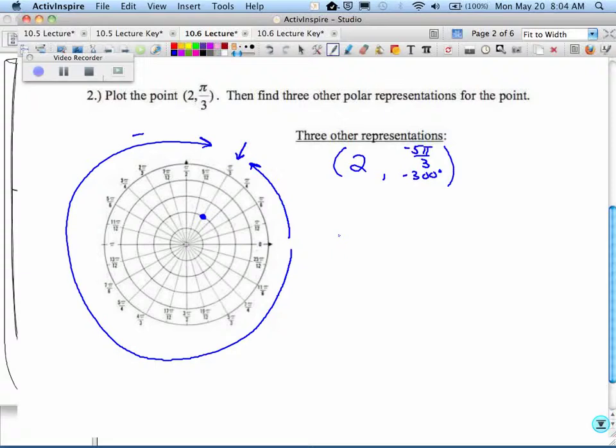Now, on the other side, follow the line all the way across, and it would be here where the red arrow is located. How can you get to that red arrow? What angle? You could use the -2 pi over 3, just like we did on our previous problem. -120.